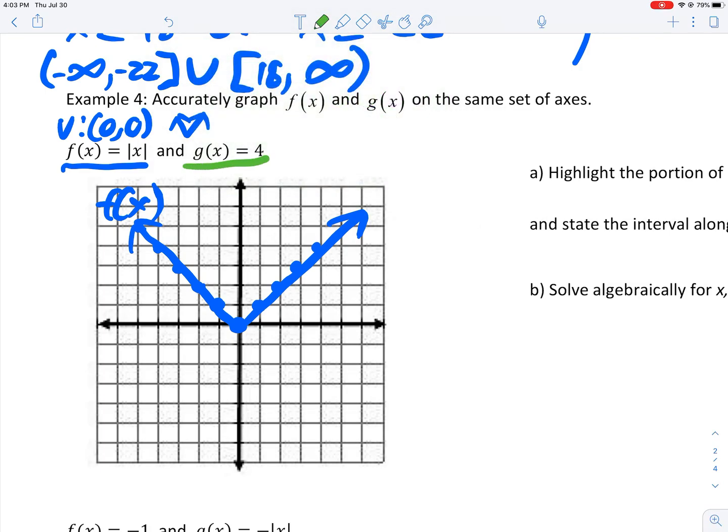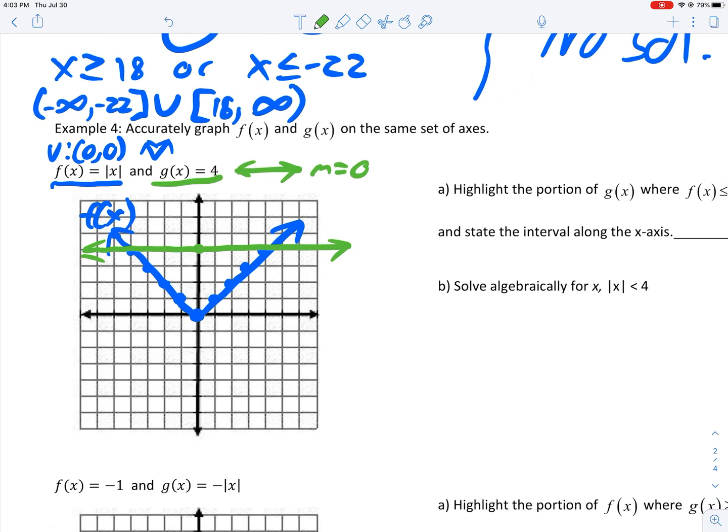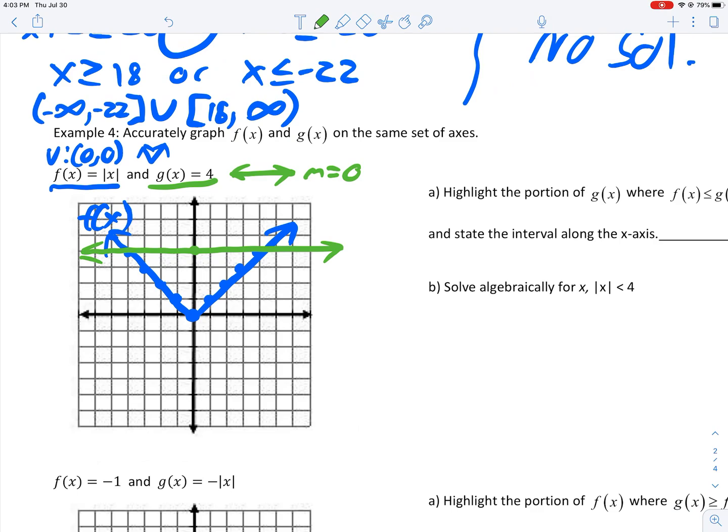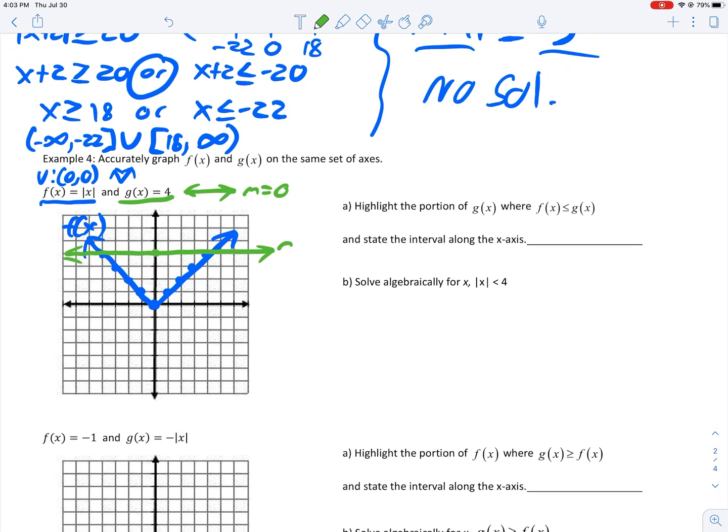So that's f of x. Okay, now g of x is a horizontal line. Slope is 0. So go up to 4. 1, 2, 3, 4. And there's my slope. Okay. So that's g of x.